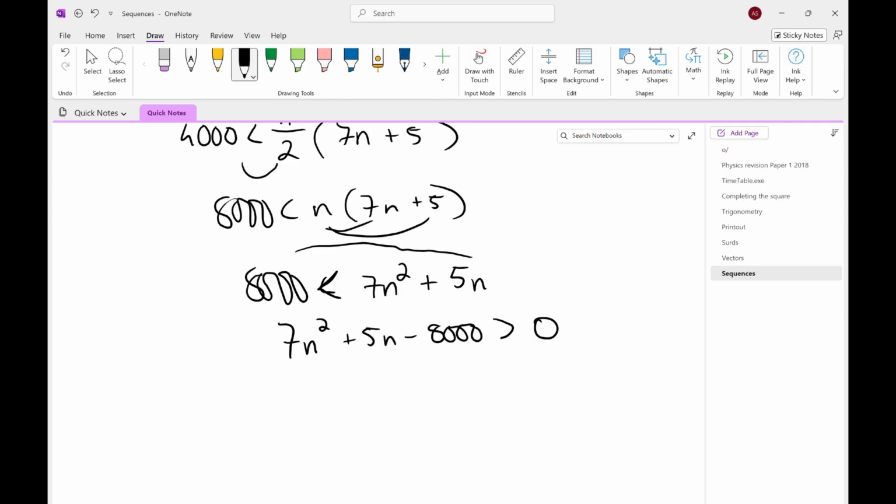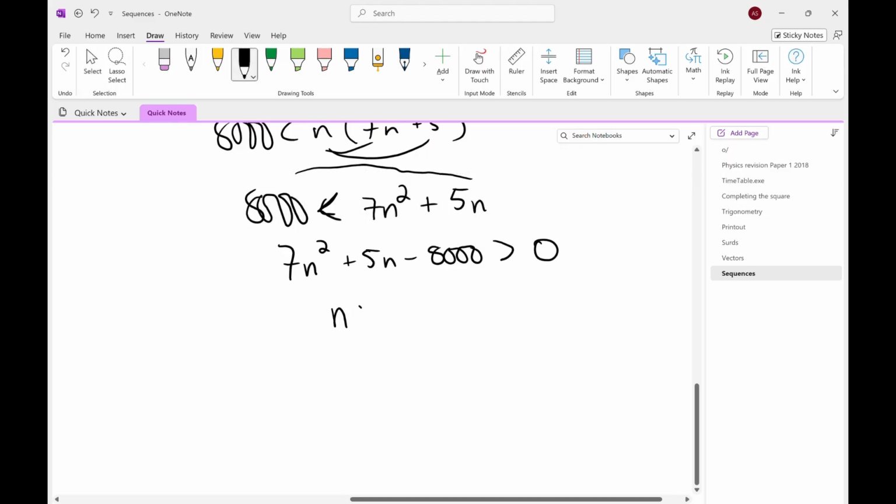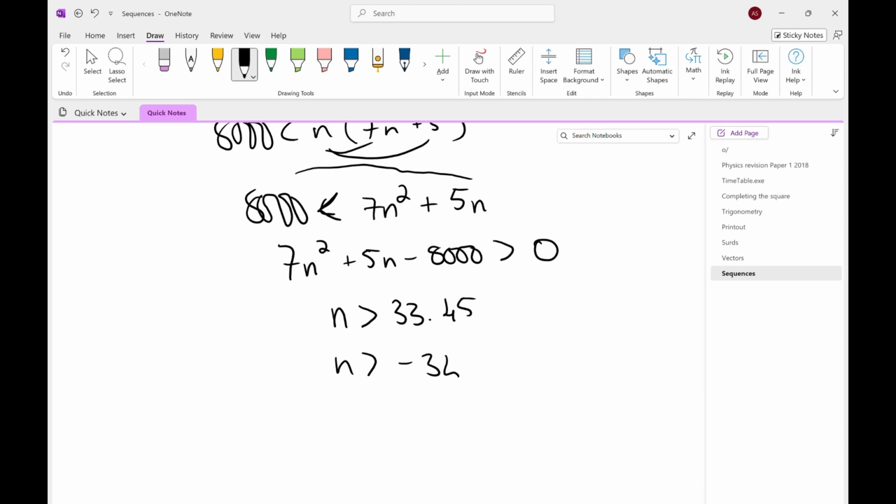And this will give us an answer of n is greater than 33.45, and n is also greater than negative 34.165. Now, we don't need this because this is a negative. It can't be a negative term because it's an arithmetic sequence. The terms go from 1 upwards. So we're going to take this answer.